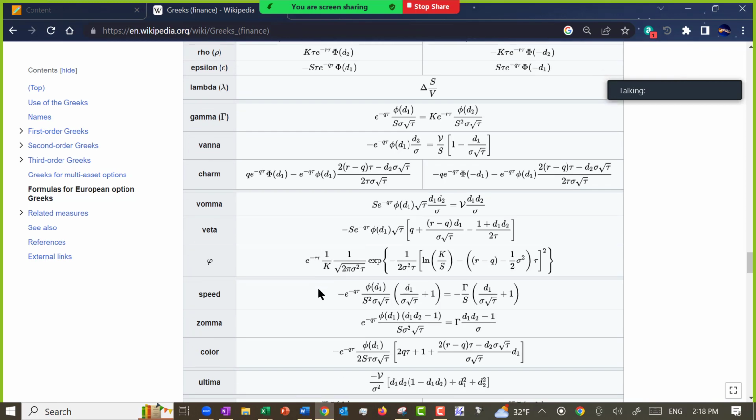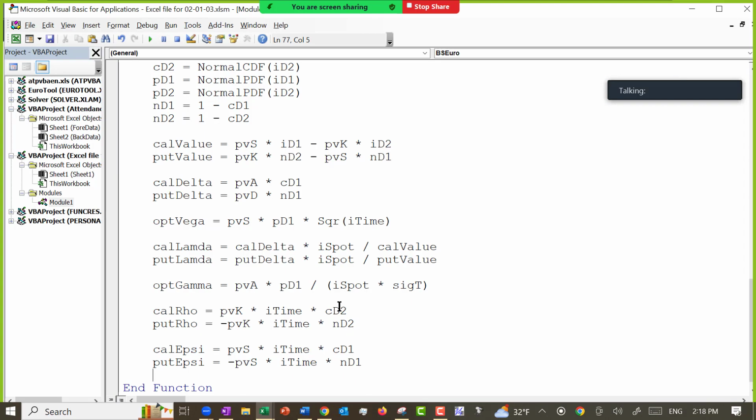One thing we need to be careful about with these rho and epsilon, the units are kind of decimal. Locally speaking, this is when interest rates go up by 100%. So I typically change these to what happens if interest rate changes by 1 basis point.